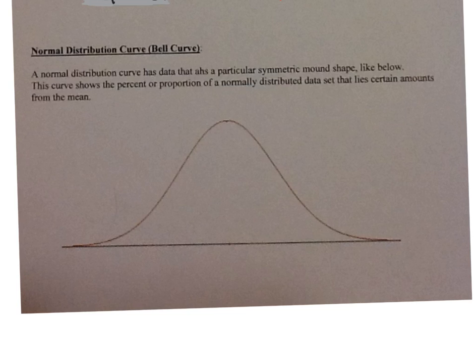Okay, so the mean is right here in the middle. So remember, the mean is x bar. So this is called the mean. It's also called the median. And it's also the mode. Remember, the mode is the number that appears the most. Median is the middle number. And mean is the average.